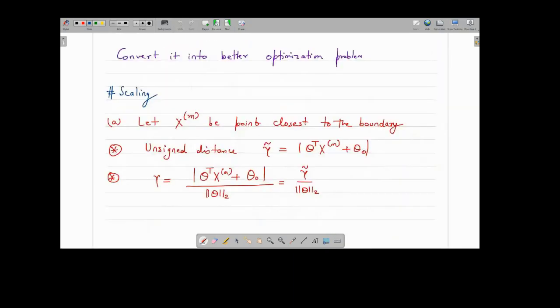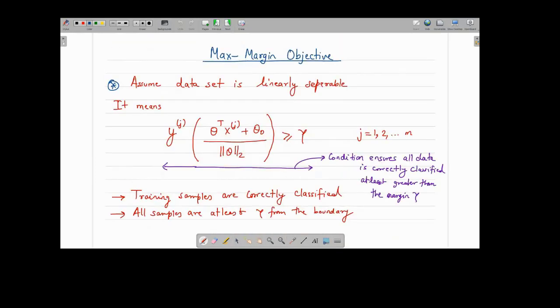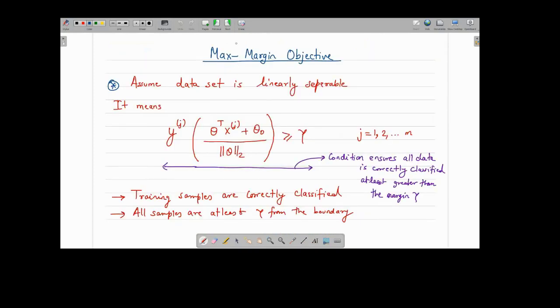Let me go back here. So we discussed this last time, right? This particular factor ensures that all the data points are correctly classified and will not allow any data to lie within the boundary.